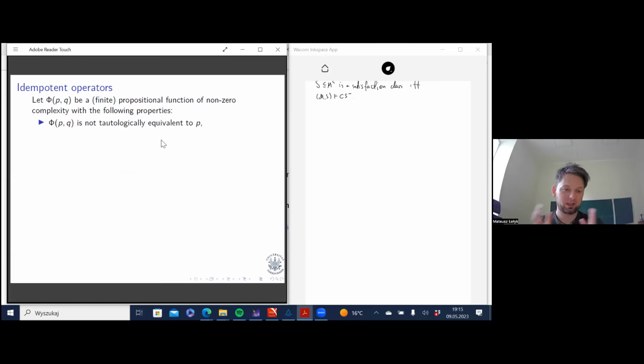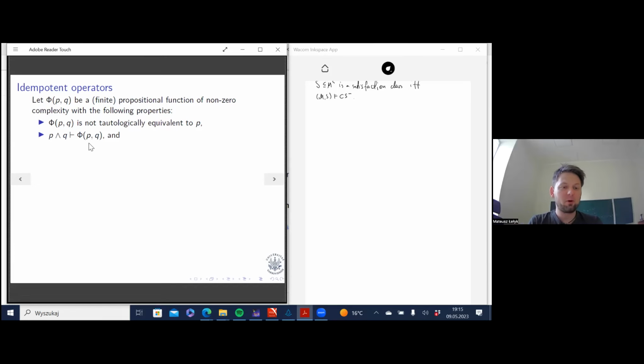So in particular, they syntactically behave just like negation, so they bind no variables; they have just trivial occurrences. And we want phi of P Q to have the following properties. First of all, phi of P Q is not tautologically equivalent to P, so its truth value really depends on the value of Q.